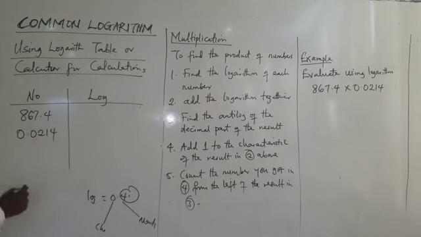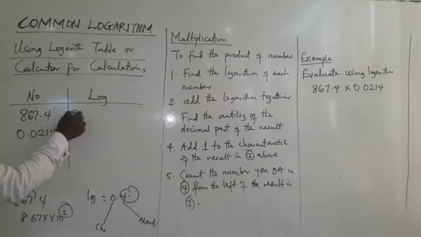So 867.4, that is 1, 2, that's going to be 8.674 times 10 raised to power 2. So the power here will form our what? Characteristic part. That's going to give us 2 point something.